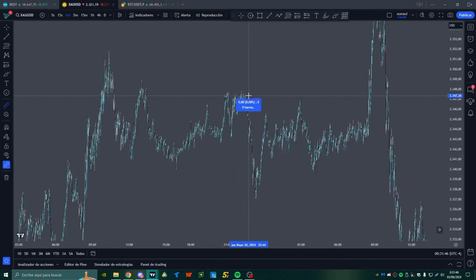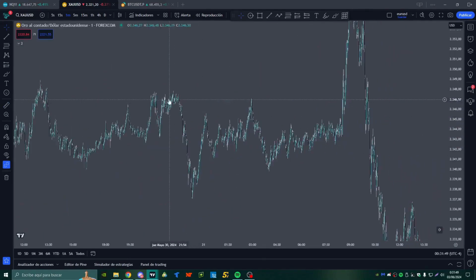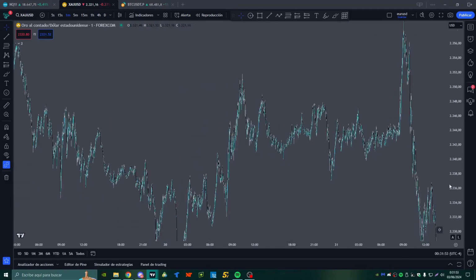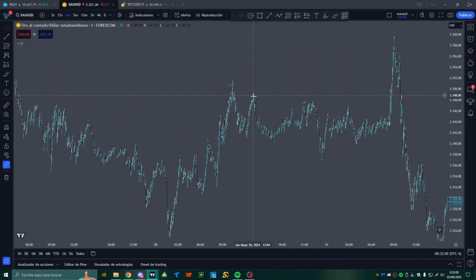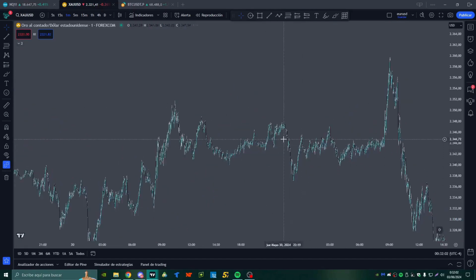It gave a super good short with absurd precision. People see gold a lot as something that is manipulated every which way, and that it's impossible to trade it with a small stop loss. But I don't know.